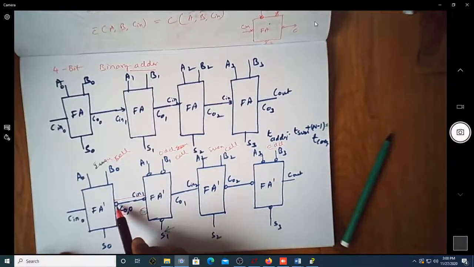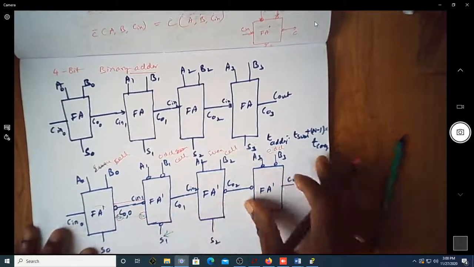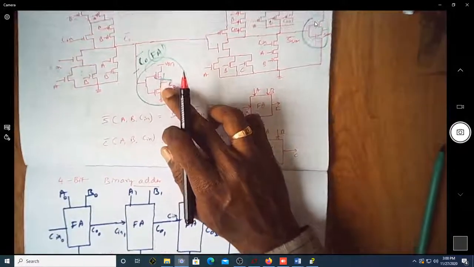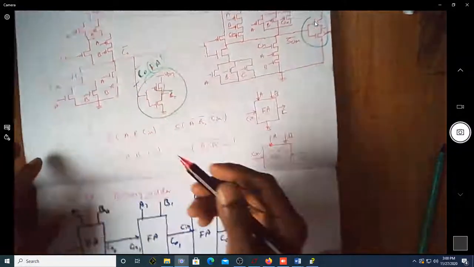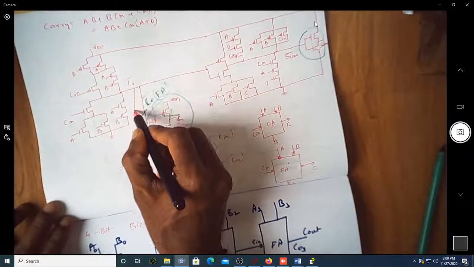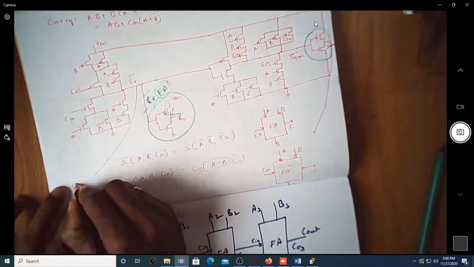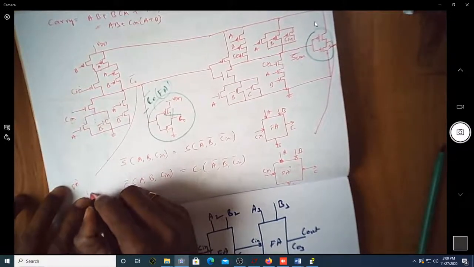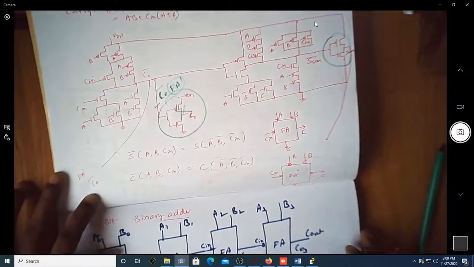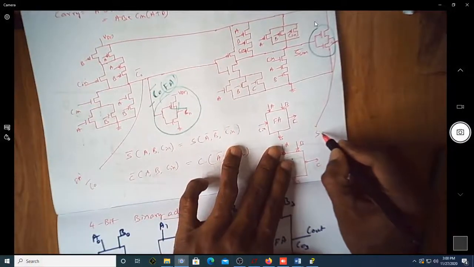So why we have said this is because this FA bar is without this. When I say what is this FA bar, it is the output of this and this. Suppose I say this is FA bar carry, is it not the complement of this carry? Are you not getting the complement? Is this S0 as it is?